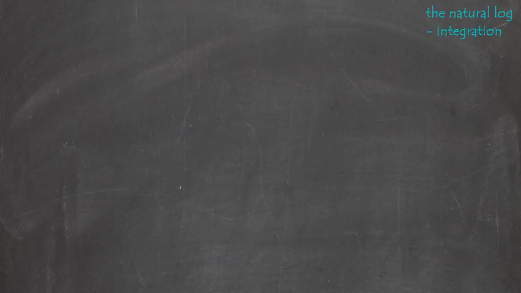So remember in our last lesson, we talked about differentiating the natural log function, and we were given two rules. The first rule stated that the derivative with respect to x of the natural log of absolute x equals 1 over x.